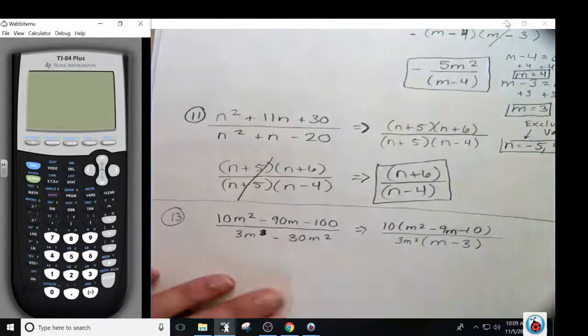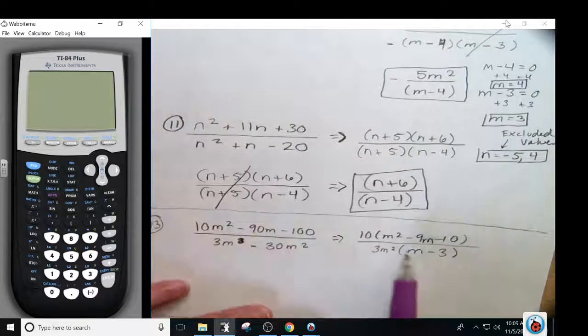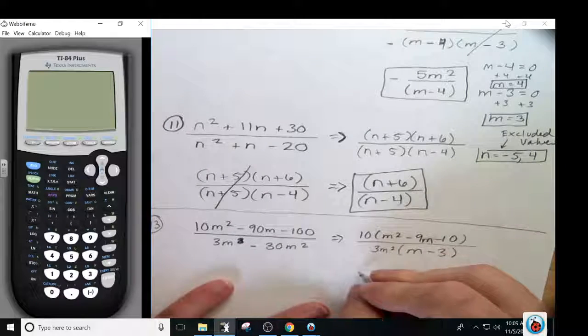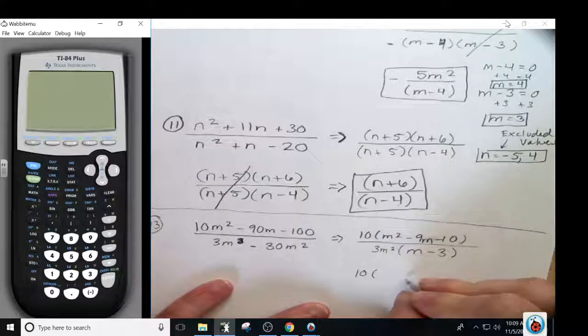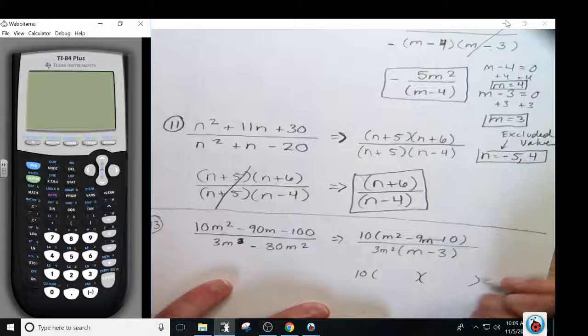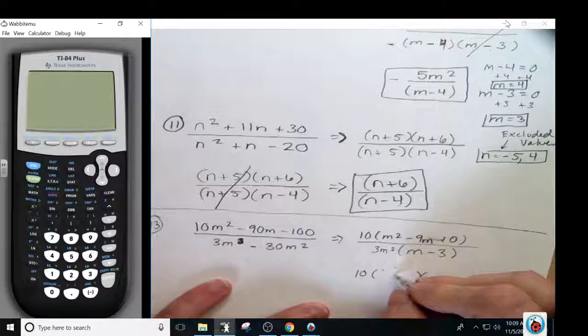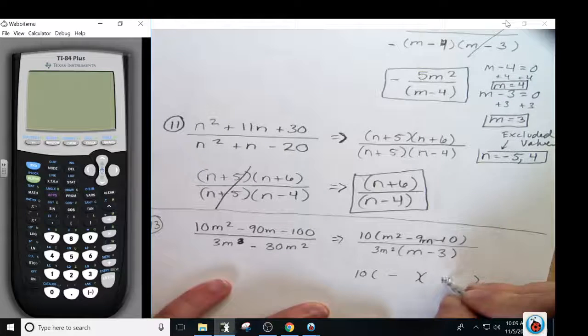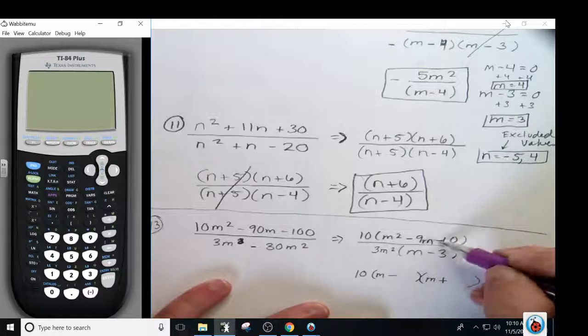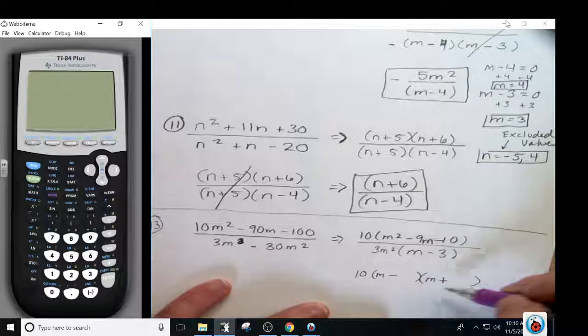All right. Now, what we need to do now is factor the top. So our signs are going to be minus, plus here. Automatically know that, guys, because this sign's minus. If that sign's minus, automatically your signs are going to be opposite.